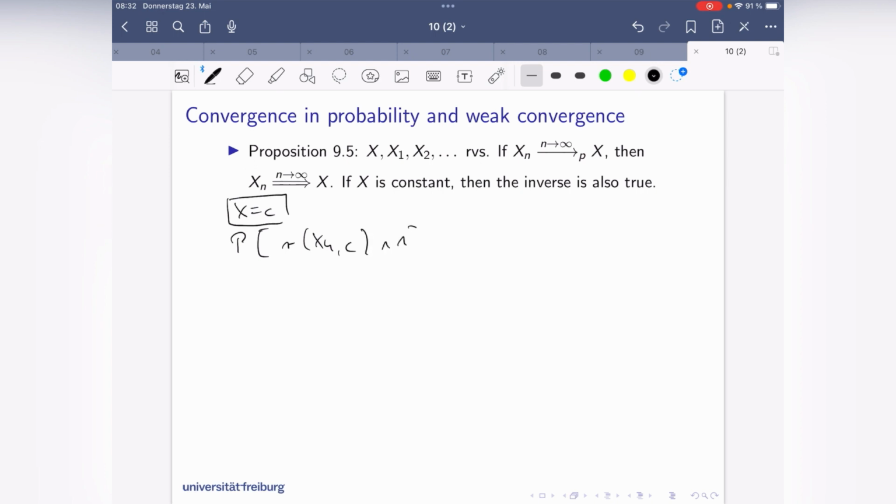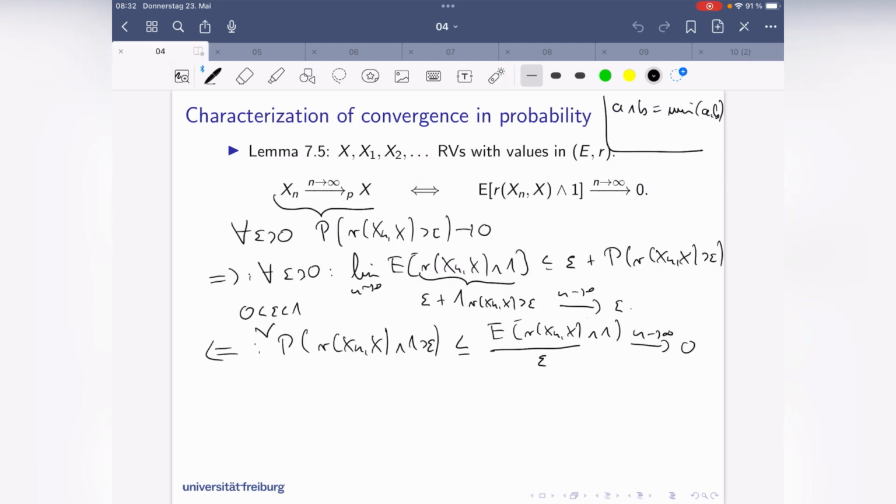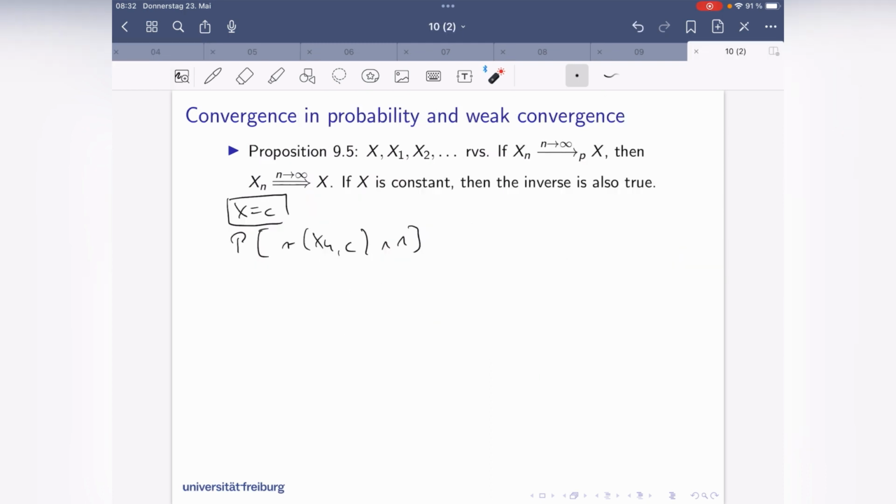So what does this here do? When I show that this here converges to 0, I've shown, according to this formulation, that I have convergence in probability. But I can show this because the function which maps x to the distance of x to c, minimum 1, is a bounded and continuous function.